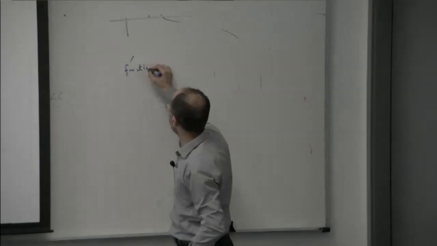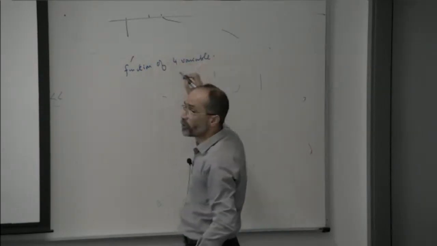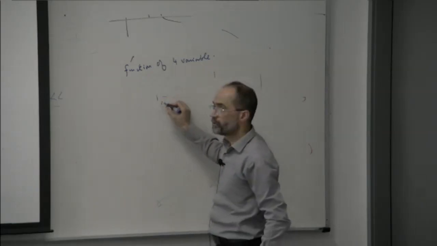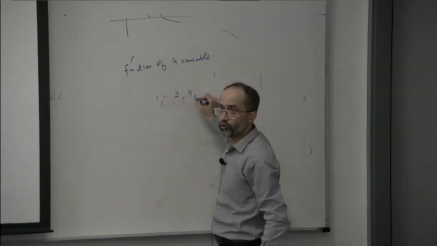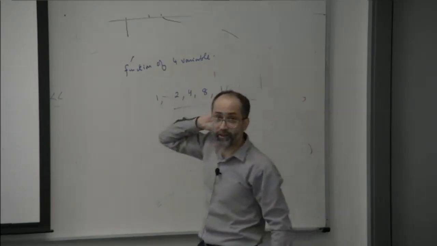Now if we have a group, we can have a group of 2, rectangle, or 4 or 8 or 16. If we have a function of 4 variables, what are the possible groupings? 1, 2, 4, 8 and 16. So these are all the possible groupings.